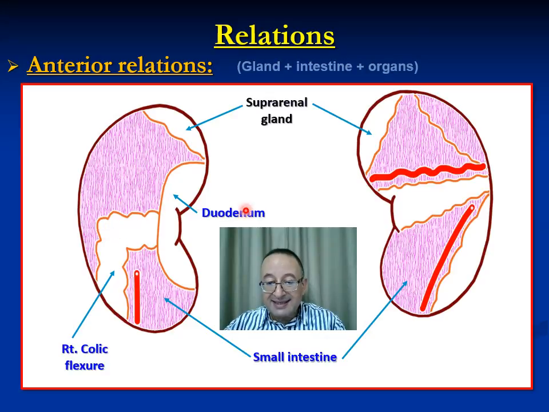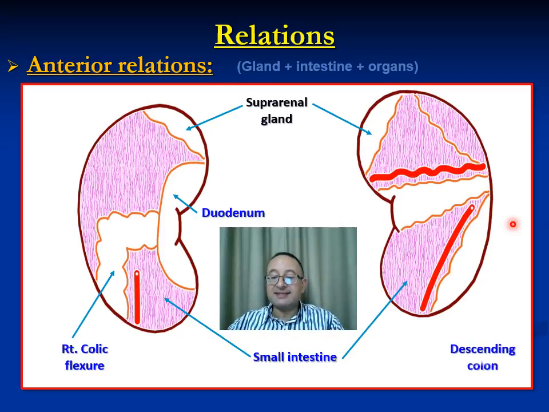No, it ascends like this, then descends like this. So here on the left side, I have the area related to the descending colon. Now I have finished the gland and the intestine on both kidneys.